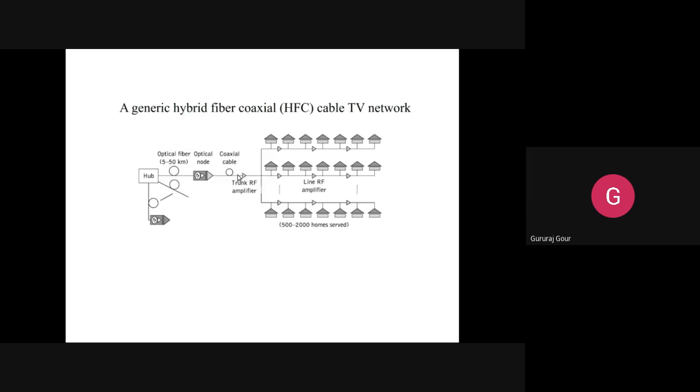Sorry, it consists of only coaxial cable, using a trunk RF amplifier, because this coaxial cable has been laid with the help of the trunk. The trunk is mainly used to connect different streets or regions in the particular area.